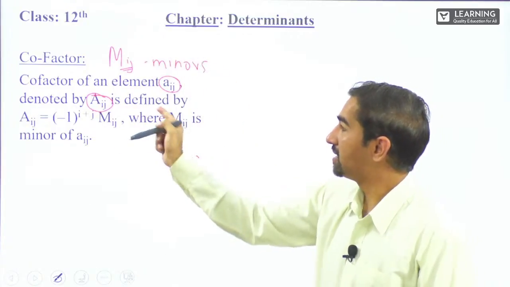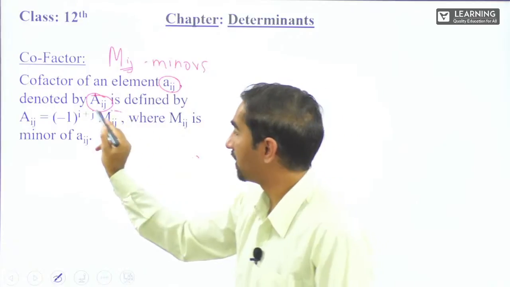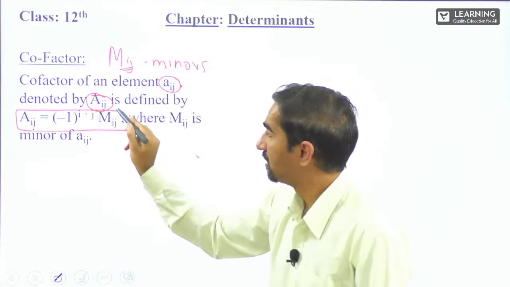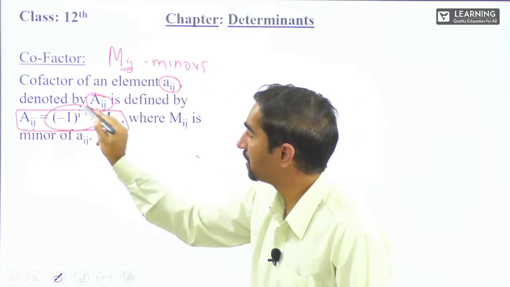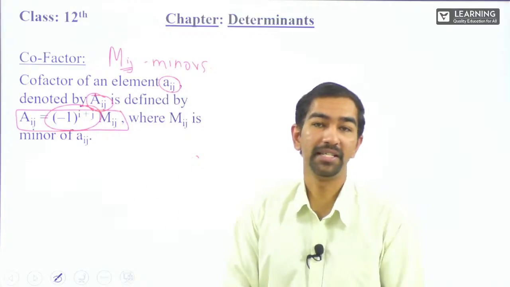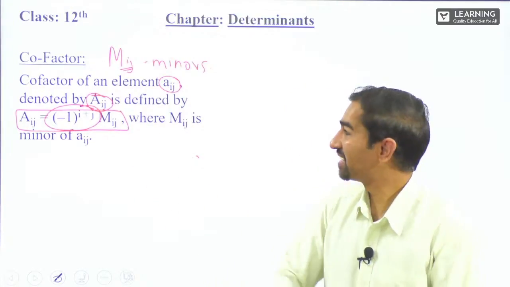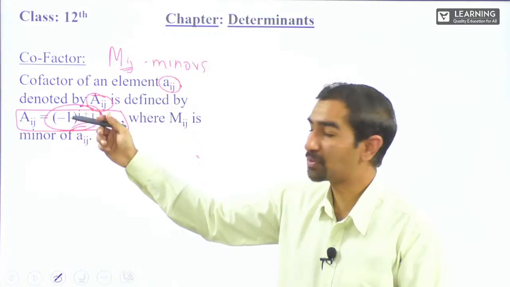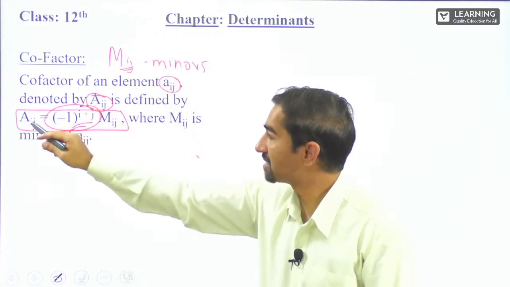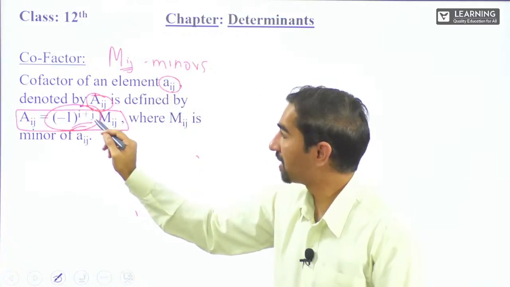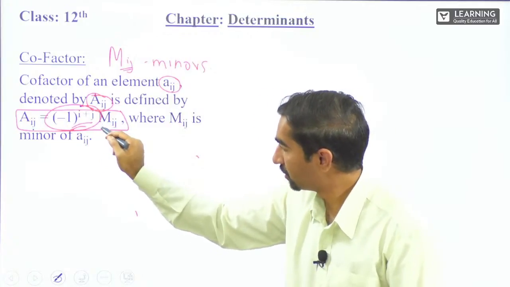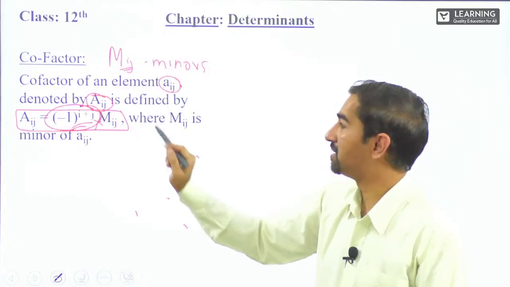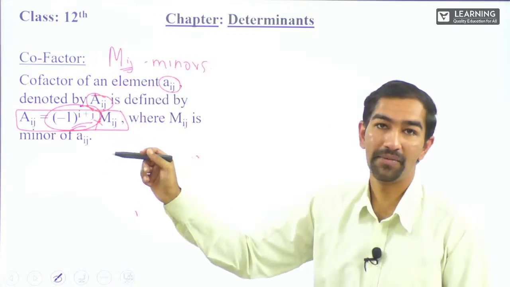So what is Aij defined by? Aij is defined by minus 1 whole to the power of i plus j, which is what I told you in the very initial stages of determinants. But actually cofactor is minus 1 whole to the power of i plus j into Mij, where Mij is nothing but the minor of Aij.